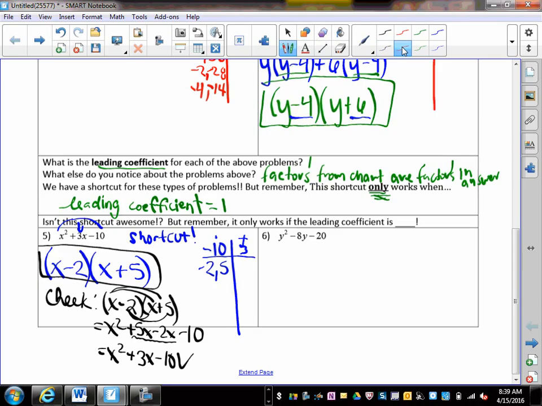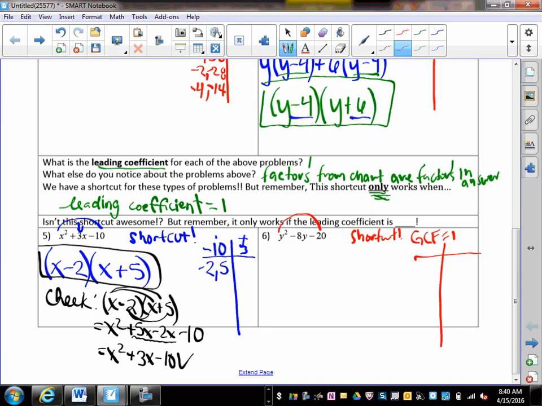Okay. So then this next problem, is it in standard form? Yeah. Do we have a GCF? What's our GCF? Right, so our GCF is just 1. Can I do the shortcut? Yes! Okay, so shortcut. Make our chart.